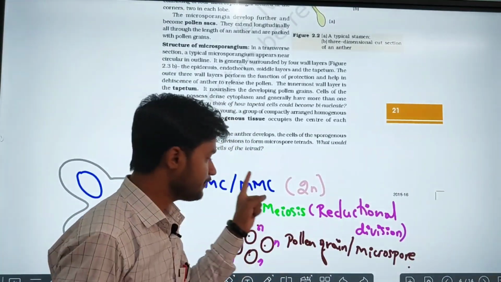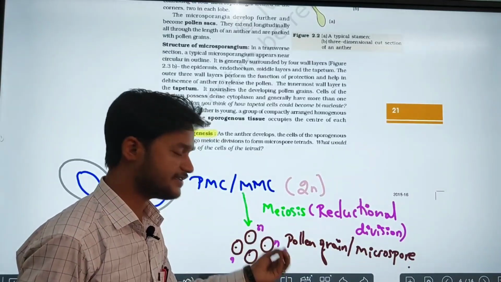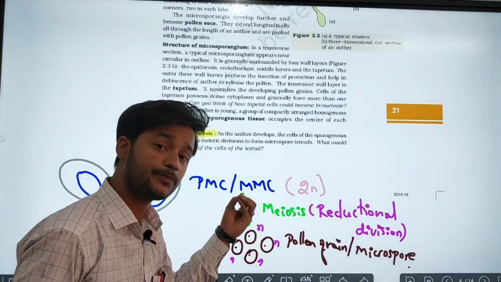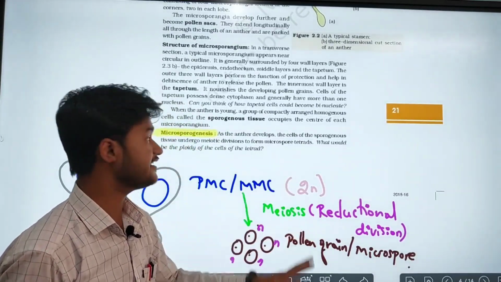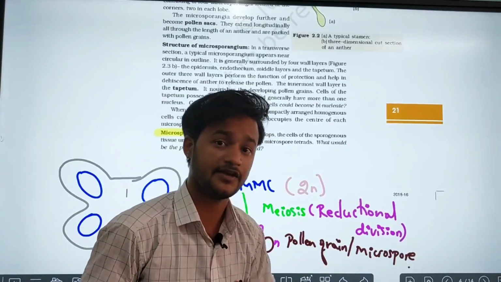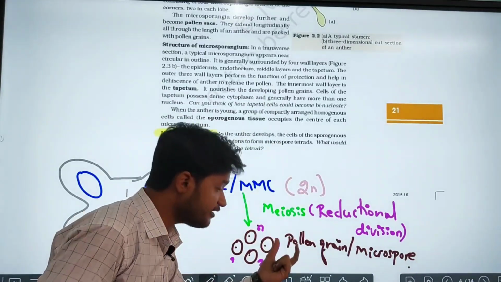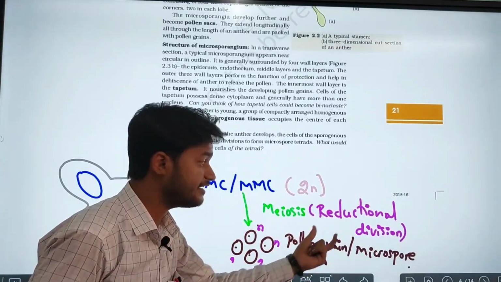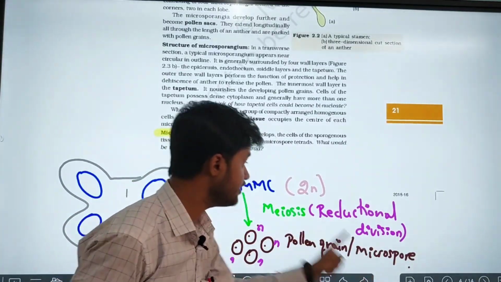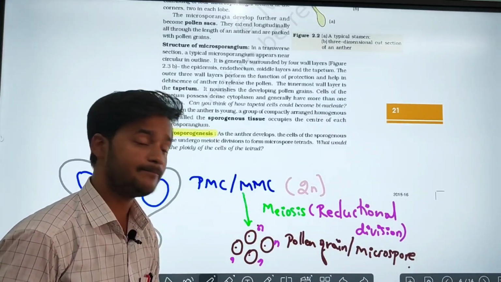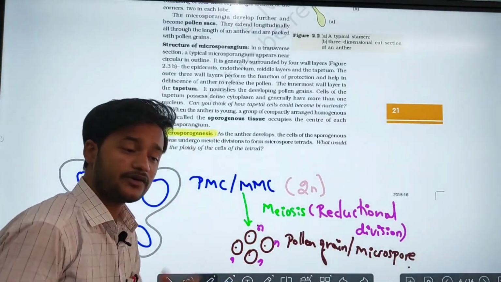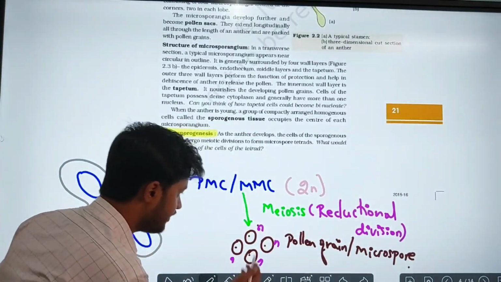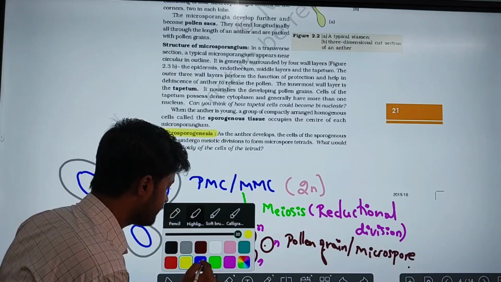Okay, so we know that microsporogenesis means development or formation of microspores from the diploid microspore mother cell through meiosis. But remember one thing: the 4 haploid pollen grains or microspores produced during microsporogenesis are all attached together.